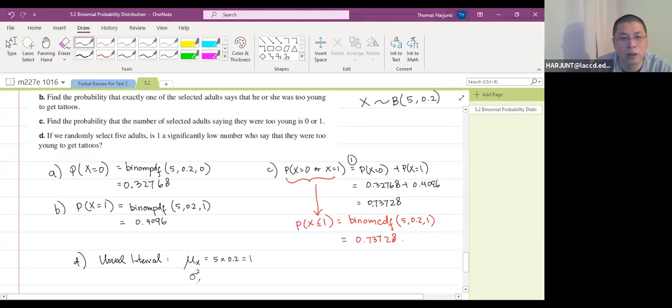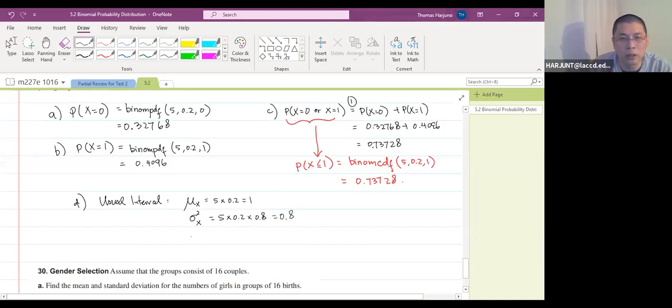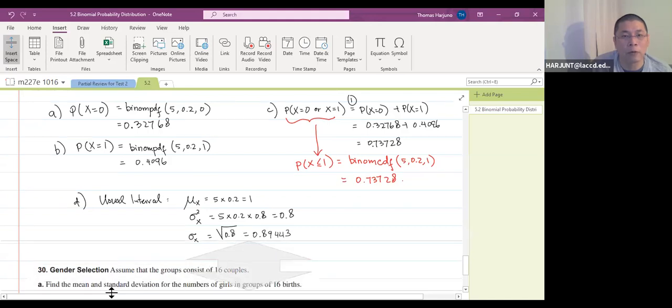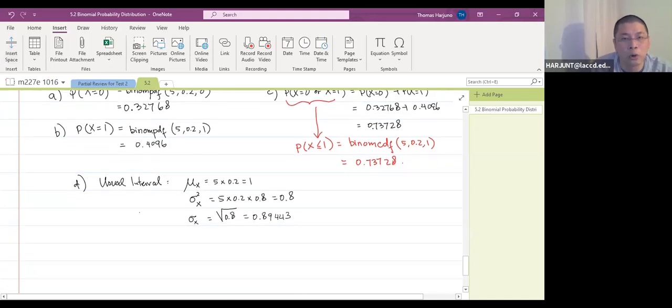The variance is 5 times 0.2 times 0.8, that's 0.8. Therefore the standard deviation is the square root of 0.8, which is 0.89443. Now from there, you build your usual interval.